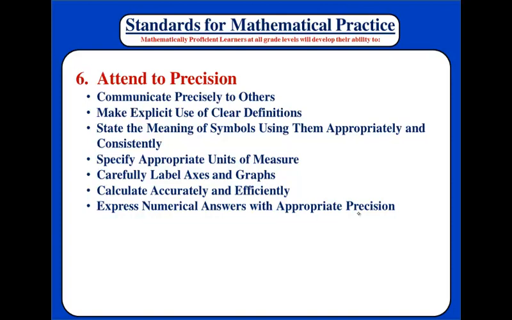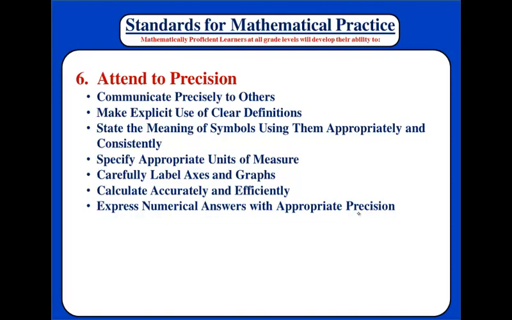We want to carefully label anything that we have. For example, we want to carefully label the axes, the numbers on the axes, the scales, and any kind of graphs that we have, and make sure that we label titles and so forth on our graphs so that we're very precise about that. And we want to calculate accurately and efficiently. We want to be able to express numerical answers with appropriate precision.